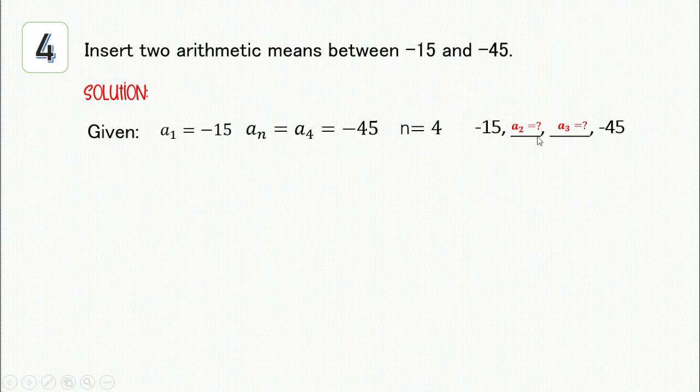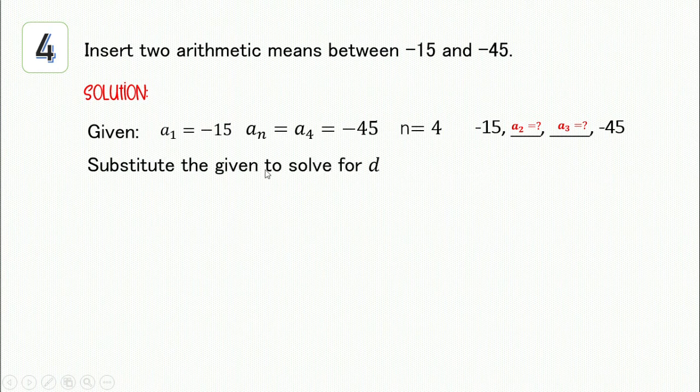So, ganito yung mangyayari. So, we have negative 15 and we're going to find the a sub 2 and a sub 3. As we observe, no, sa sequence na ito, the sequence is in descending order. Okay, let's have the solution. Substitute the given to solve for the D. Let's have the formula for the arithmetic means. a sub n minus a sub 1 all over n minus 1.